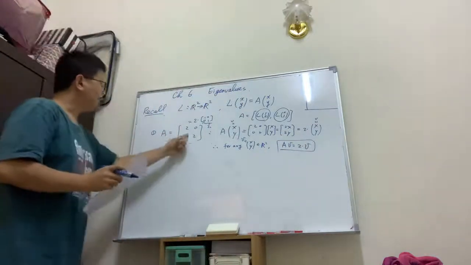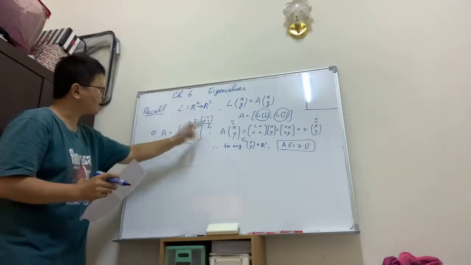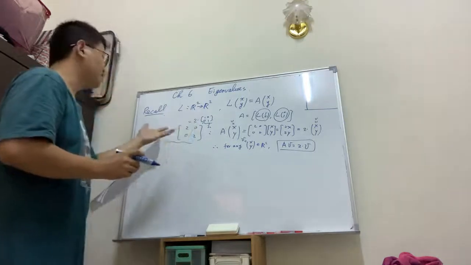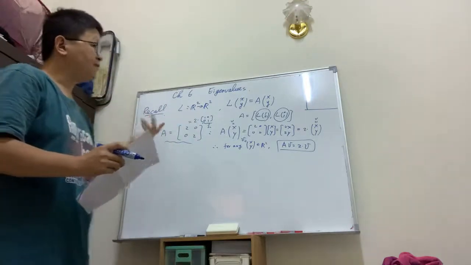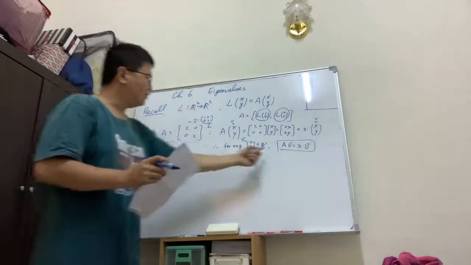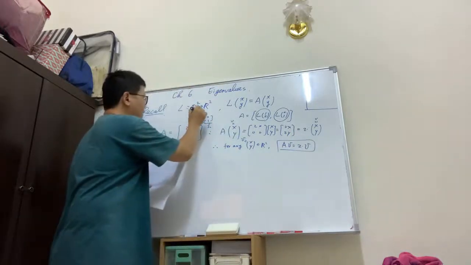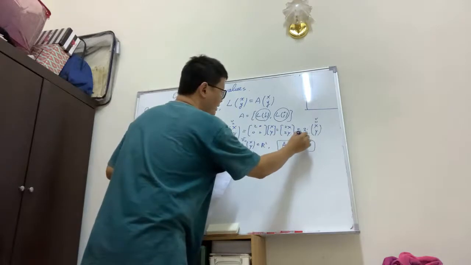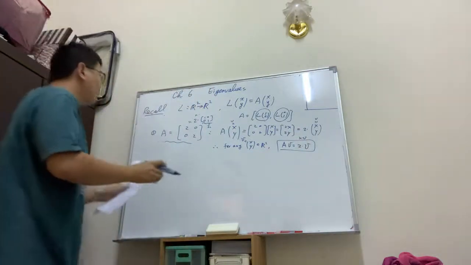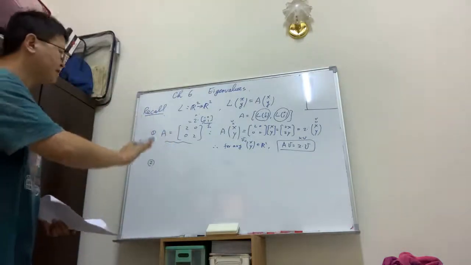If A is a scalar multiple of the identity matrix, then Av equals the scalar lambda times v. Here is lambda, and Av equals lambda v. I will explain this later.